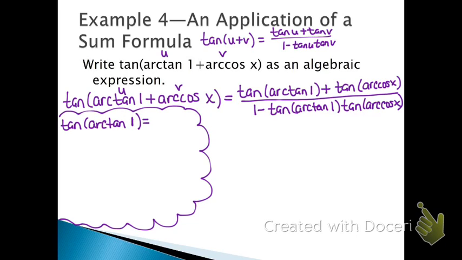It is 1, because remember, tangent and the arctangent kind of cancel each other out because they're inverse, so it equals 1. So everywhere we have tangent of arctangent, we're going to replace that with a 1. But then we have tangent of arc cosine of x. Why do you gotta make things difficult?